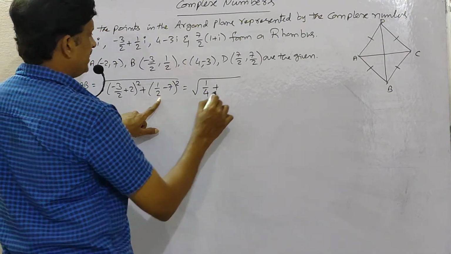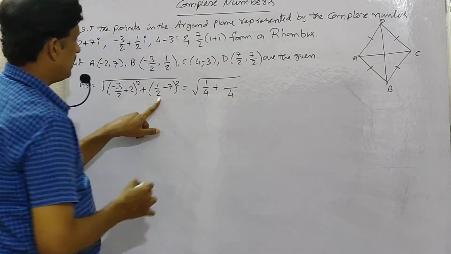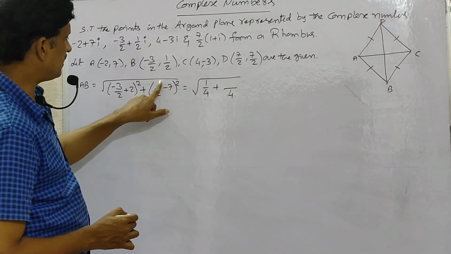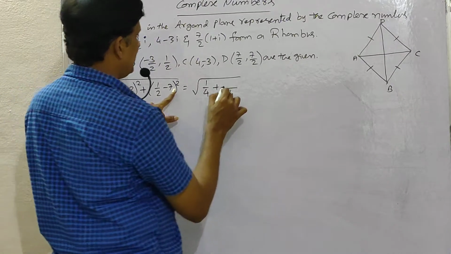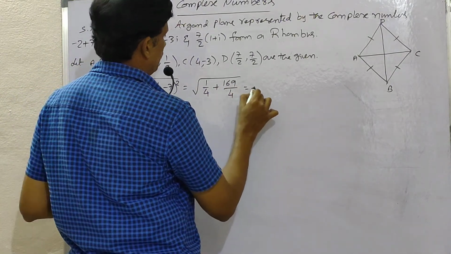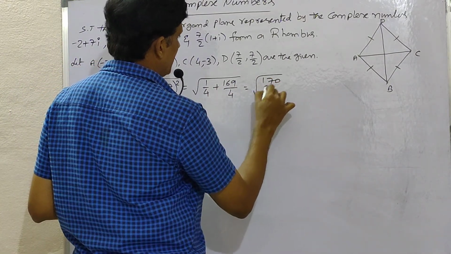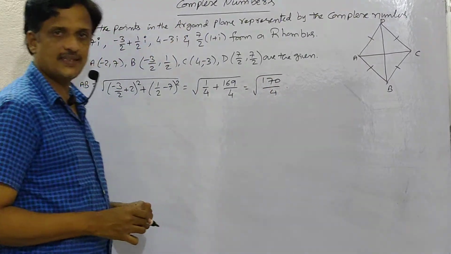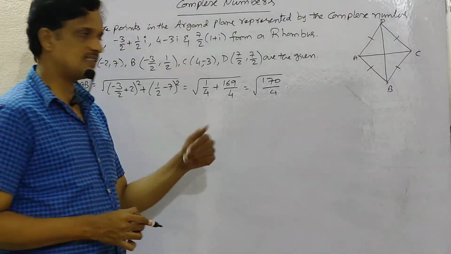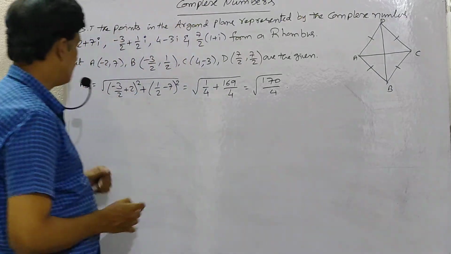Here 2 is the LCM, 2 square will be 4. It is -14 plus 1, that is -13, but 13 square is 169. So you are getting root 170/4. Root 170/4 means you can write root 170/2, no problem.